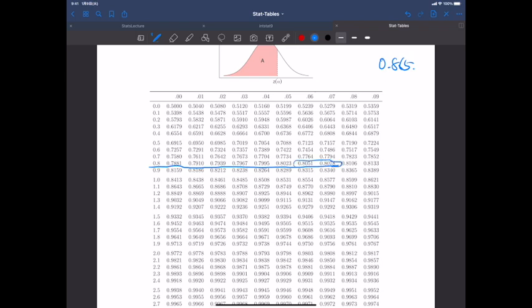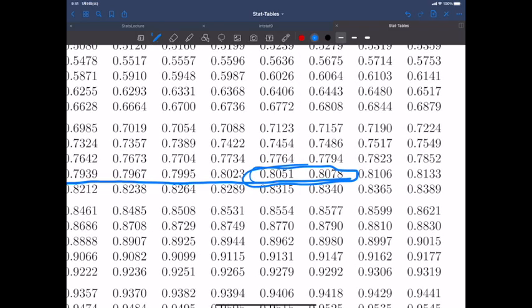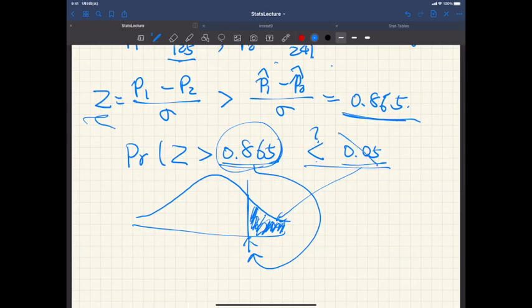Either way, the probability will be around 0.85 or 0.87 or so. So unfortunately, this probability is not small enough. This probability is about 0.8 something, so it's pretty high. So we cannot reject our hypothesis that the drug and placebo are equally effective.